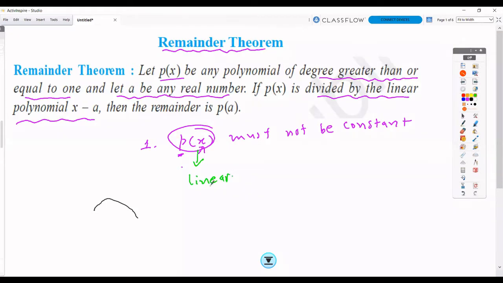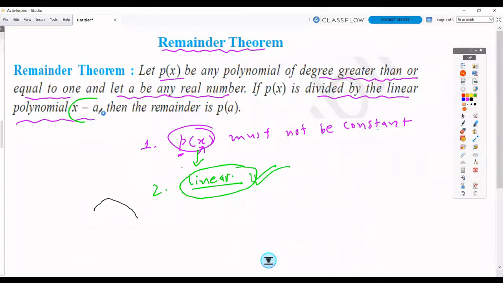So here is the second limitation. First limitation: P(x) must not be a constant. Another limitation: the number by which we divide must always be linear. So the remainder theorem is limited only to a divisor that is a linear polynomial.